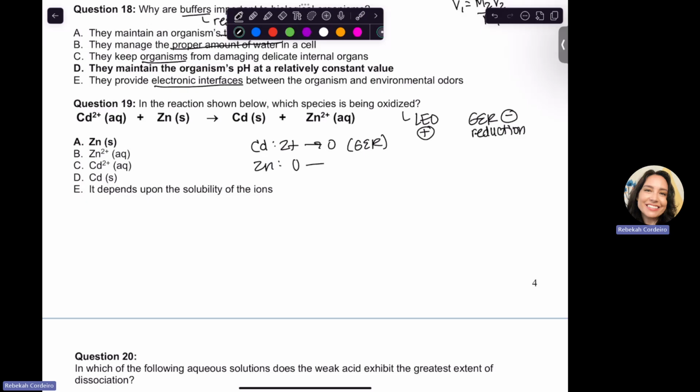Zinc is going from 0 to 2 plus. That's LEO, that's getting more positive, that's oxidation. So who's being oxidized? The zinc. It has to be the thing that's on the left that's being oxidized because the zinc 2 plus has already been oxidized. So if it's asking you who's being oxidized, who's being reduced, it's always a reactant, not a product.